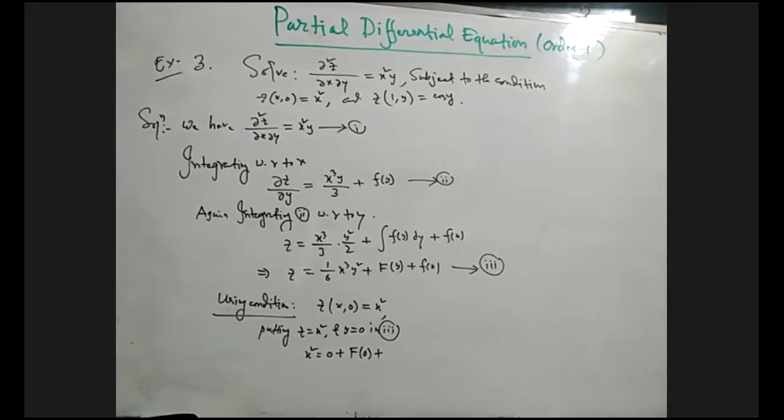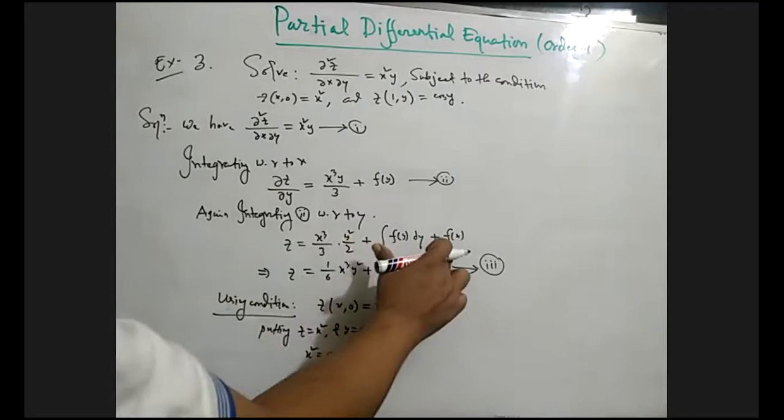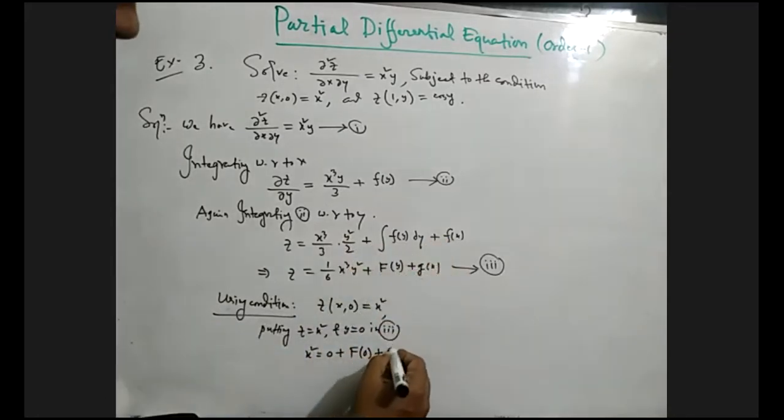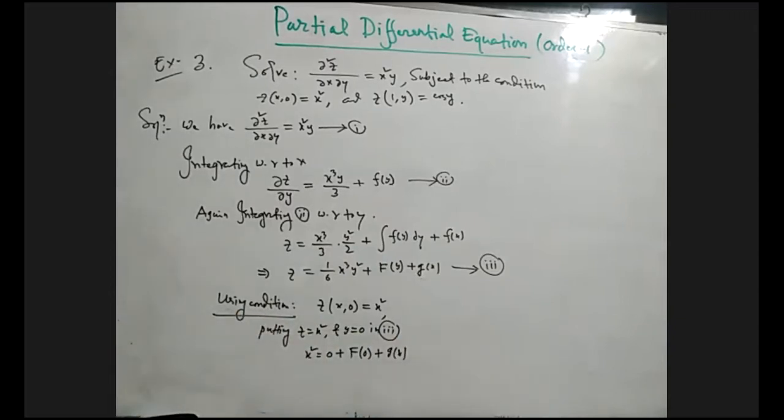This f of x is again an integration result, so it becomes another function, z of x. So z of x equals x square minus f of 0.